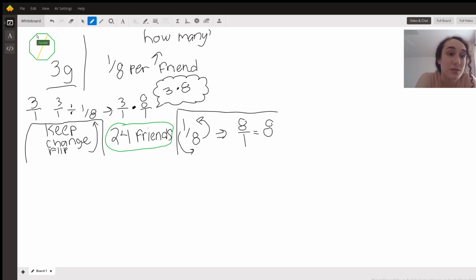So let's make it color based off the lemonade. Lemonade is usually going to be yellow. And then we connect all the sides. So this is another way to think about it: you have a whole amount of something, in this case 3 gallons of lemonade. That's what the green octagon is representing.